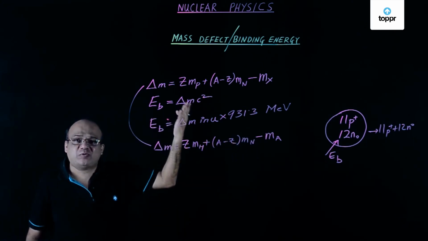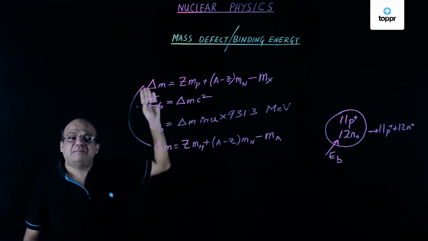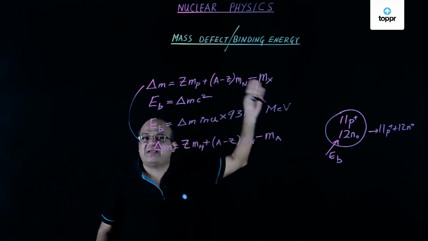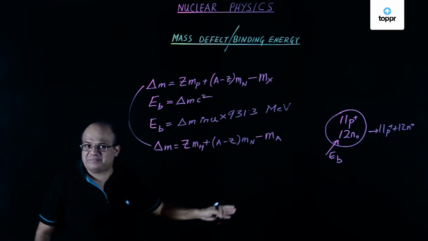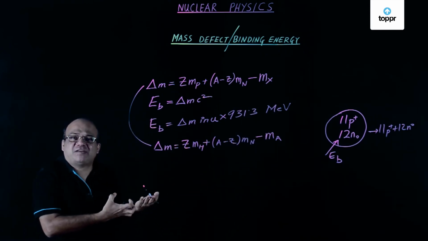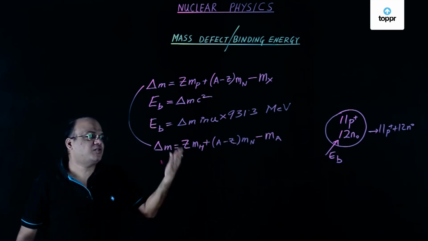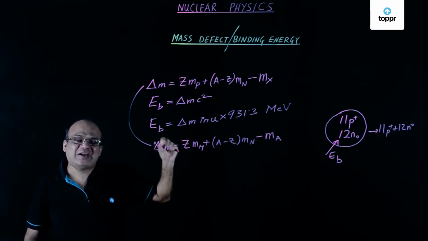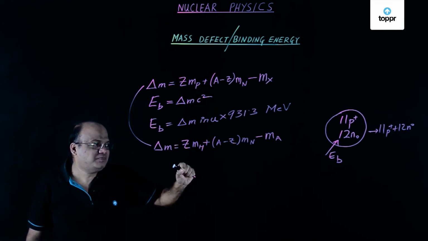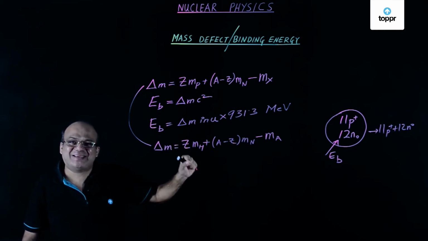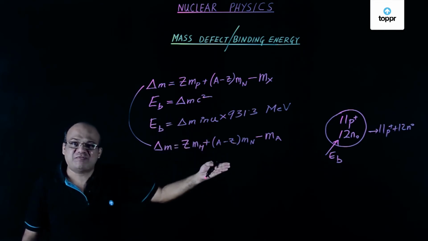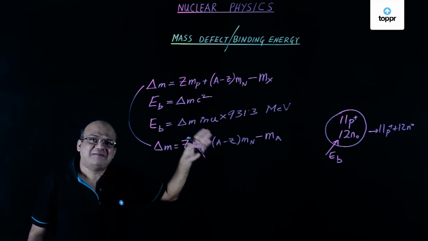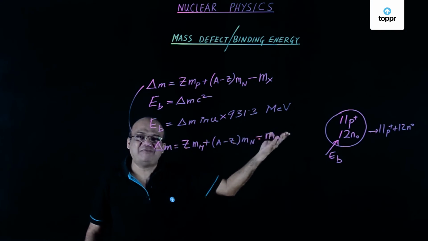You need to give it this much energy to separate the nucleons. Mass defect we calculate by this formula. Mass defect is the mass of separated nucleons minus the mass of the stable nucleus. Because measuring the mass of a nucleus is difficult, we use this equation: mass defect equals Z, the atomic number, into the mass of hydrogen, plus A minus Z, that is the number of neutrons, multiplied by the mass of a neutron, minus the mass of the atom.